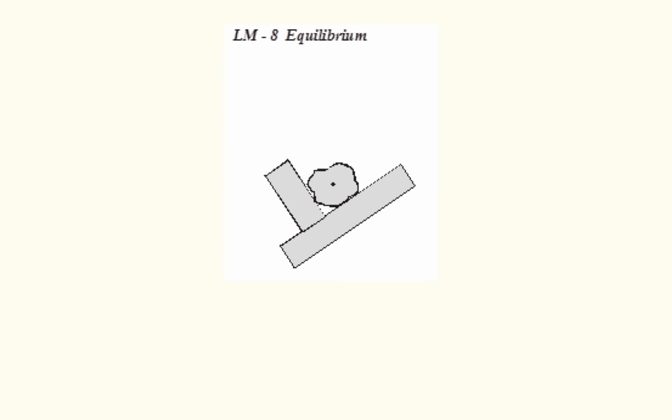LM8, we have a rock that is being supported by two surfaces, so we'll have two different normal forces, and we're going to pay attention to where the center of mass is. Notice the center of mass is more over this surface than that surface, so when we're drawing it, we want to make sure that that one is just a little bit longer.